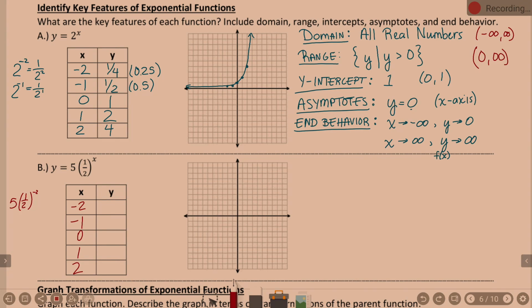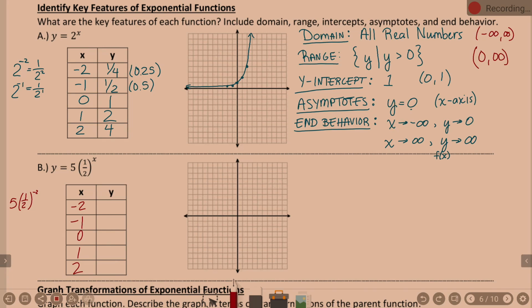Thoughts on what we're going to do instead? If I mention the word reciprocal, what's the reciprocal of 1/2? 2/1. So that negative exponent takes something to the bottom. Well, if it's already in fraction form, it's going to flip it. So basically that 2 is going to go to the top.